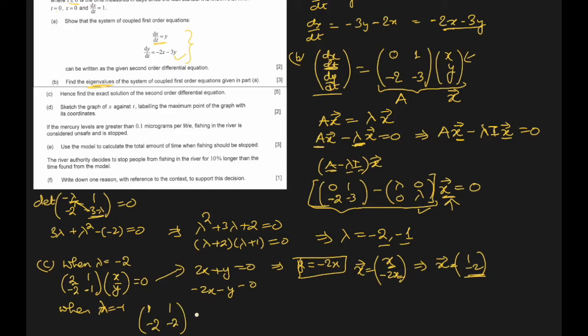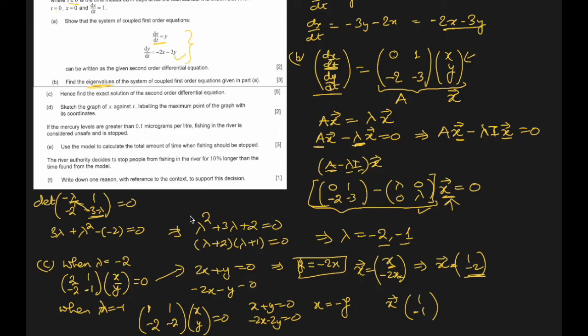They are exactly the same, and with x, y equal to 0 equations, we get x plus y equal to 0 and minus 2x minus 2y equal to 0. We got x equal to minus y. So the eigenvector in this case is 1, minus 1. Now we have eigenvalues and eigenvectors both.